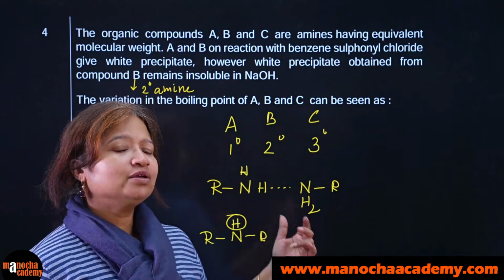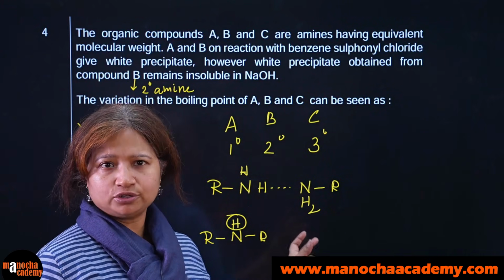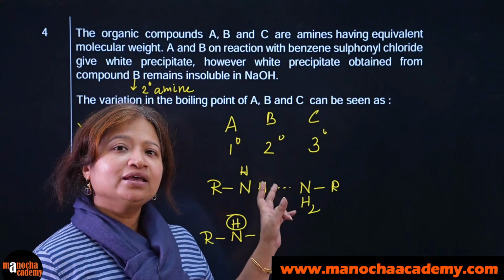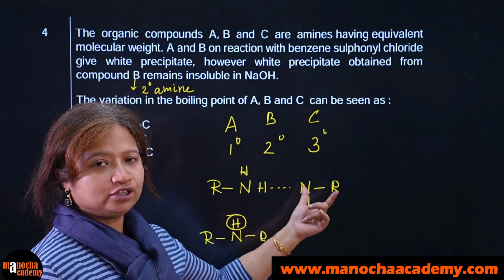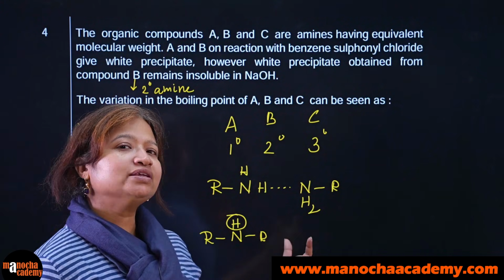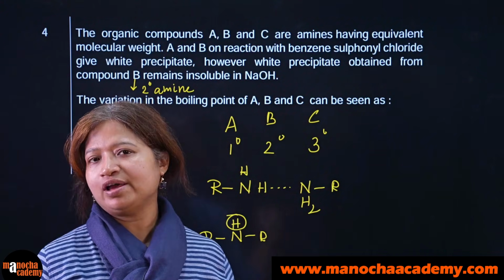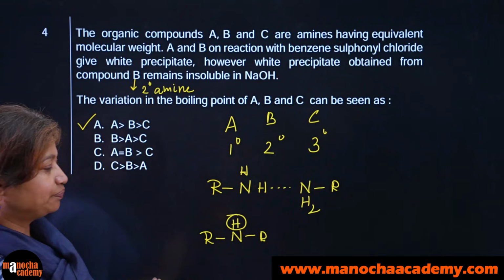The other one is that the primary amine has an NH2 group with two hydrogens attached, which means it can form intermolecular hydrogen bonds from two ends. For secondary it is only one NH group, and for tertiary amines there is no hydrogen available for intermolecular hydrogen bonding. So for this, A is the correct answer.